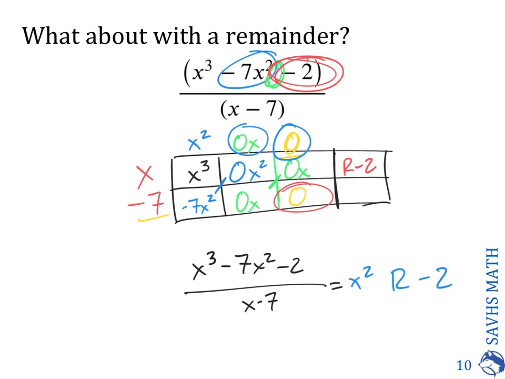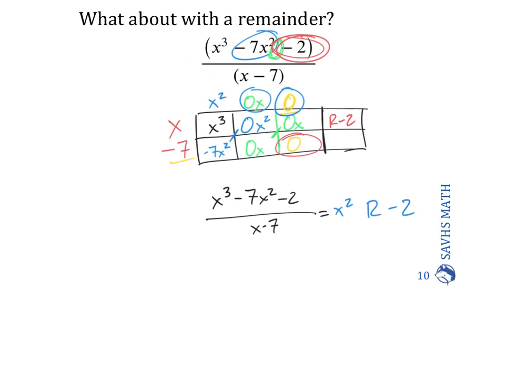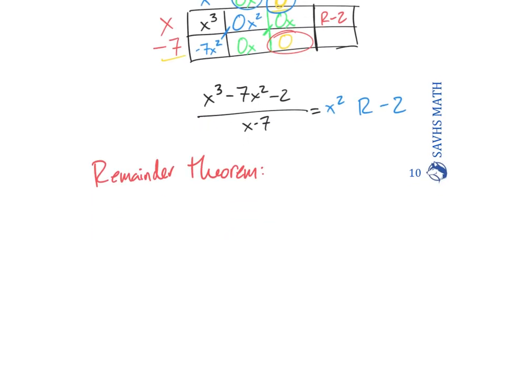I'm going to talk about what that remainder means. Here's the thing. There is this thing, and I'm not really going to be asking you a lot about this, but I just want you to know that it exists. This thing is called the remainder theorem. Okay, so here it is. When you divide p of x by x minus a, that's just a factor, like we did here.